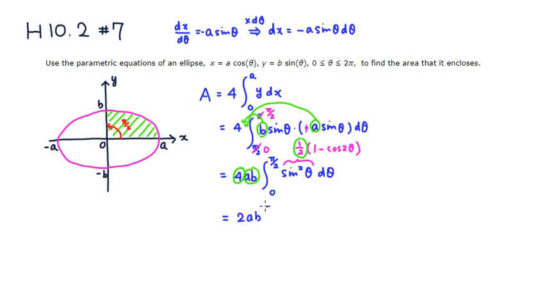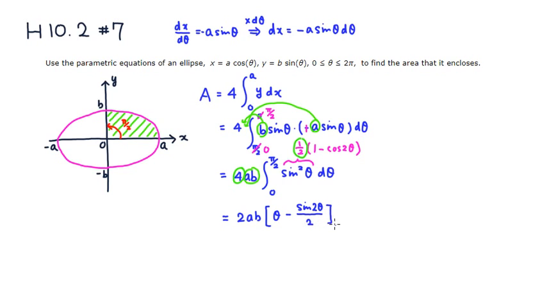Then we need to take the antiderivative. The antiderivative of 1 with respect to theta is just theta. The antiderivative of negative cosine of 2 theta is negative sine of 2 theta over 2.